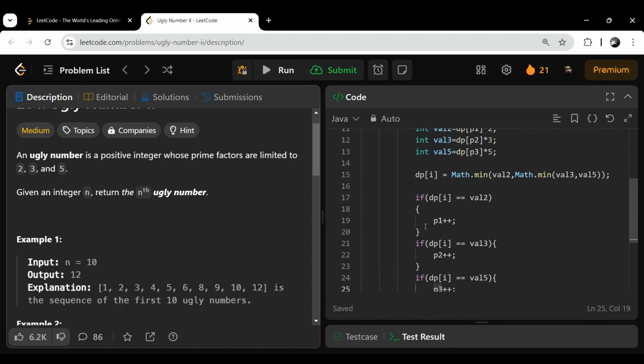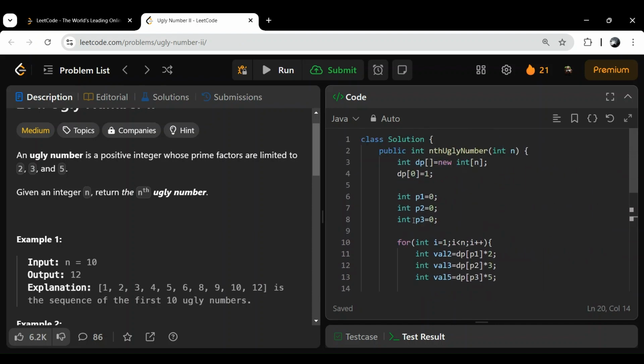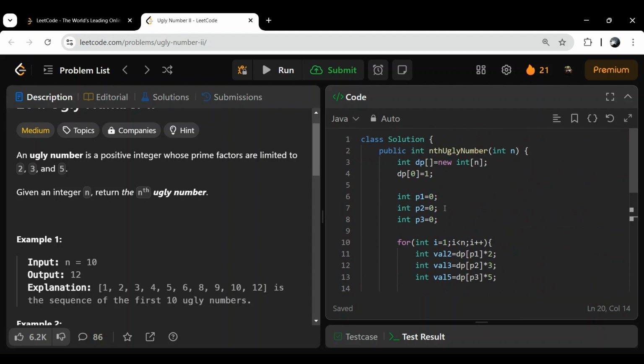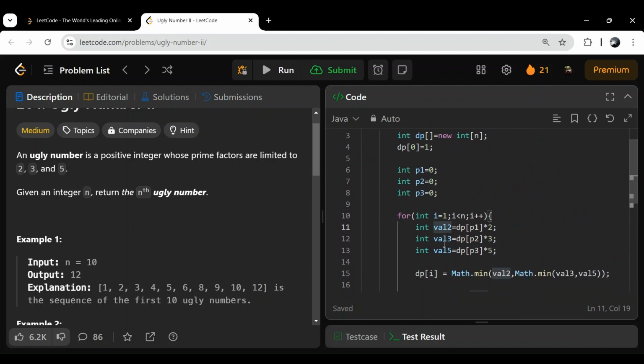Why have we not added else if here? Because sometimes we can get value 2 and value 3 as the same, but we don't want the same value twice.